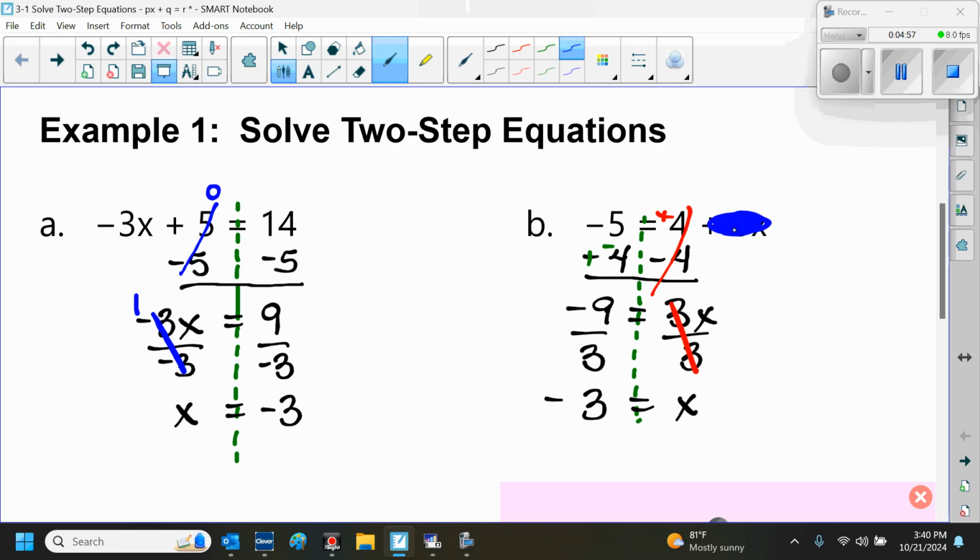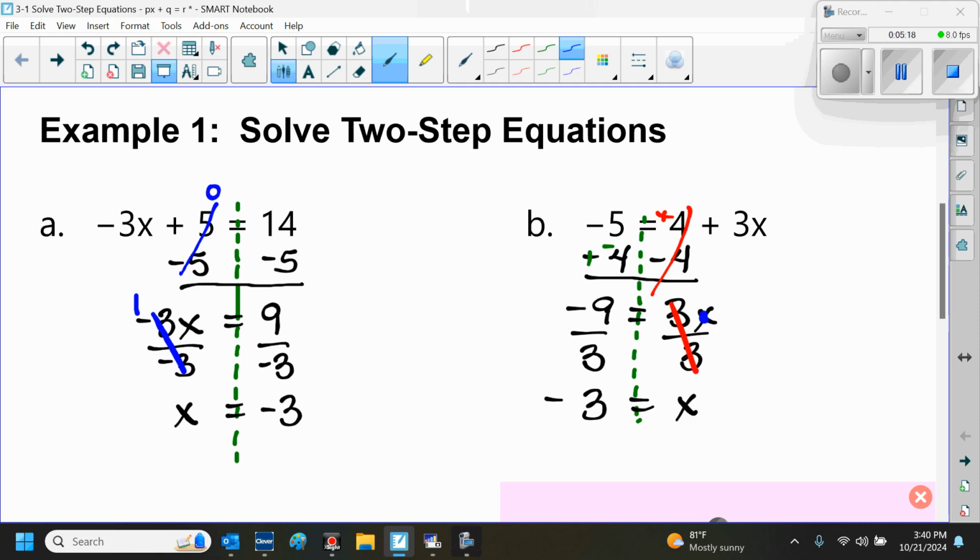So here we're going to cover that up, so we want to get rid of the 4. Because that is a positive 4, we want to subtract 4. Is everybody clear? All right. So then we end up with 3x over here and a negative 9 over here.